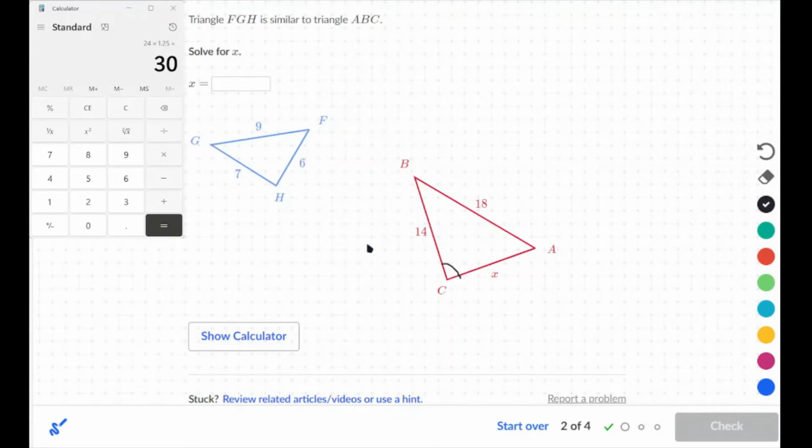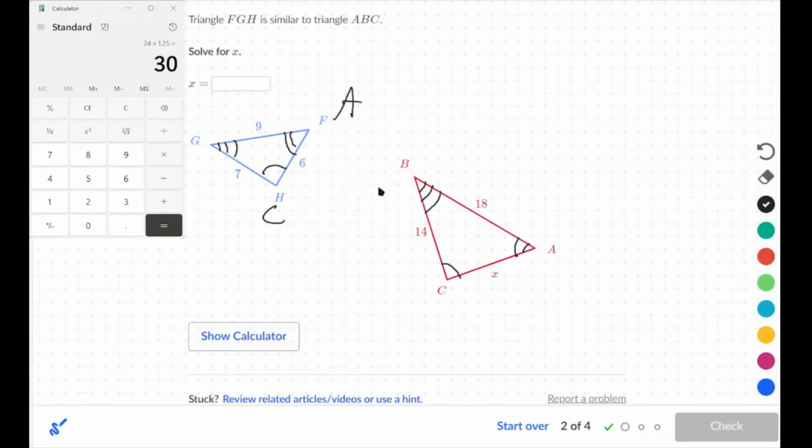See right there, F is equal to A, and B is equal to G. So now that we got the angles down, we can write down the sides. So B is G, supposed to be right there. C is supposed to be H right there, and A is supposed to be right there.